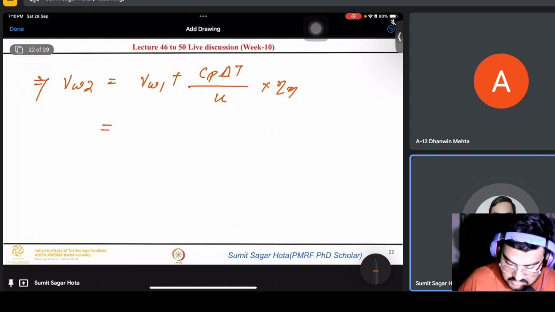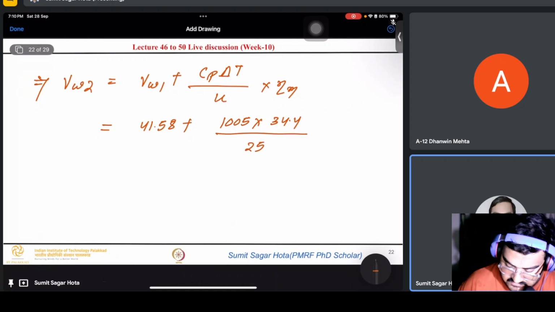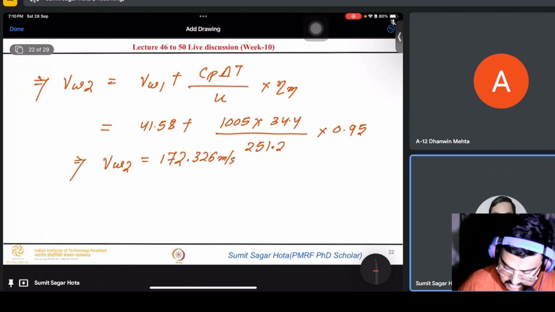So what is Vw1? 41.58 plus Cp is your 1005 into 34.4 divided by 251.2 into 0.95. So the Vw2 is 172.326 meter per second.